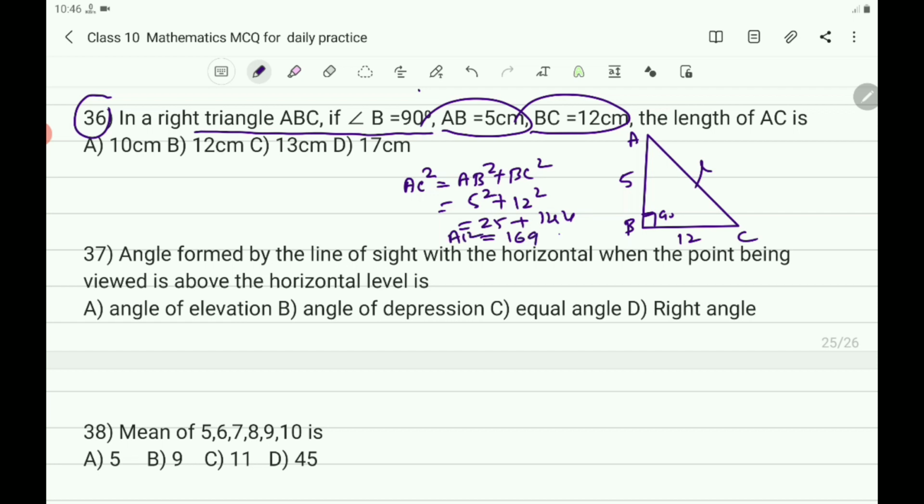AC square equals 169 means AC equals square root of 169, that is 13. So here what is the value of AC? 13 centimeters. By applying the Pythagoras theorem, you get 12 square plus 5 square, 144 plus 25 is 169. Square root of 169 is 13.